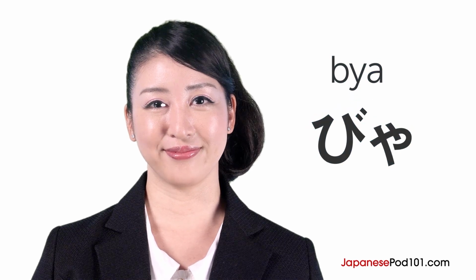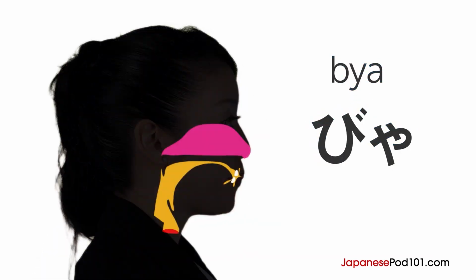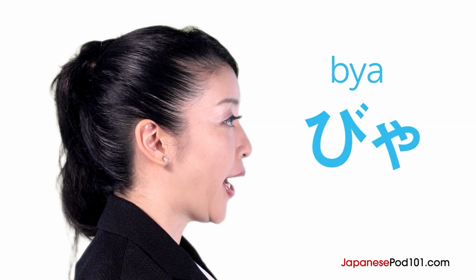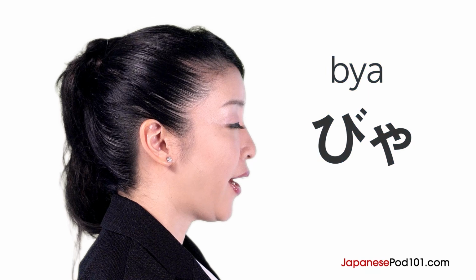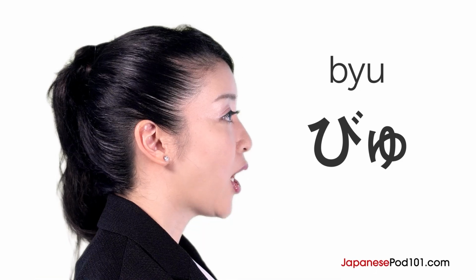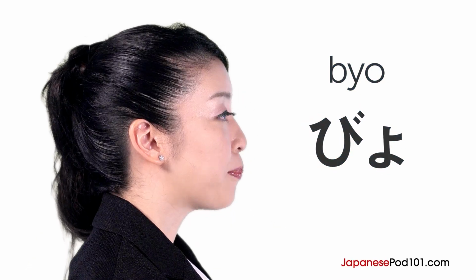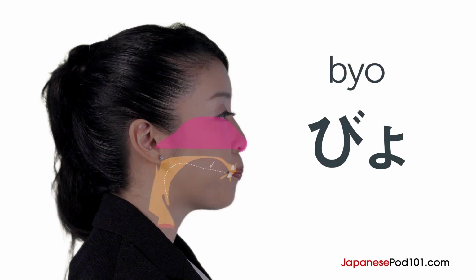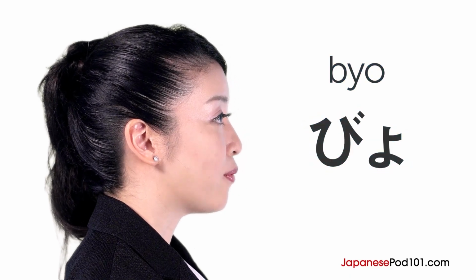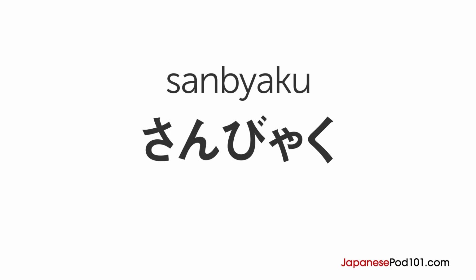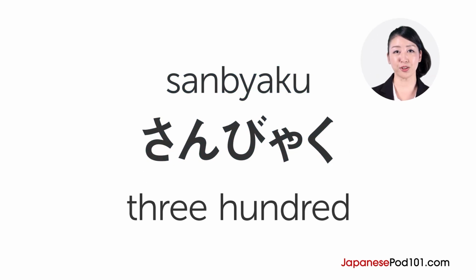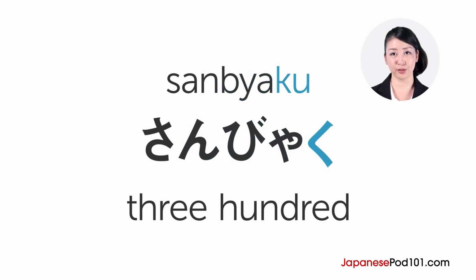びゃ、びゅ、びょ. Let's try some more words. 300.